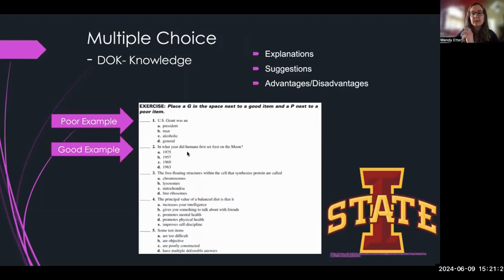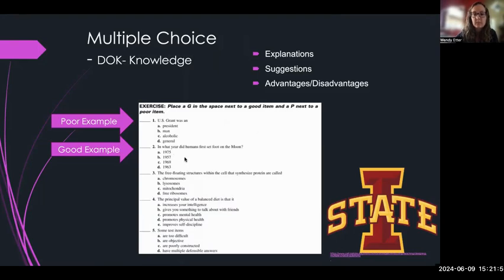Right below it is a good question. It says, in what year did humans first set foot on the moon? And so it specifies who, when, and where. And that's defensible with these four options here. One other thing you could do to make this better, the answer choices on number 2, is you could put the answer choices in order oldest to newest in numerical order instead of them being switched up.